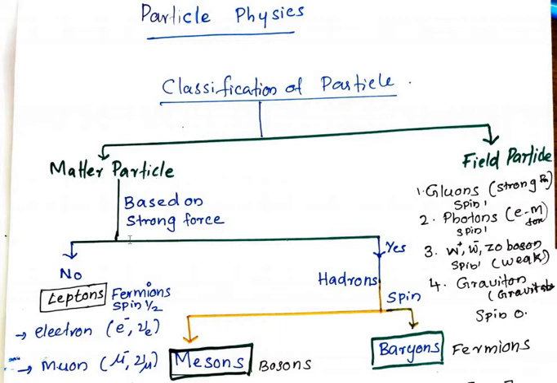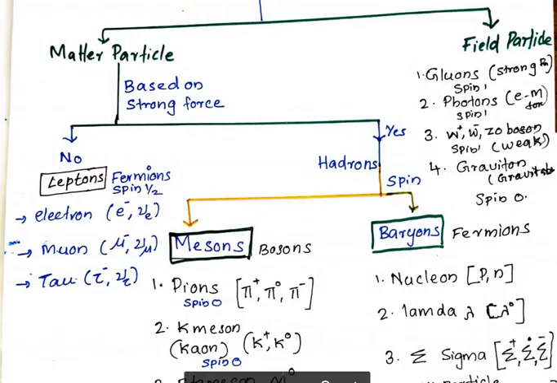Based upon whether the particle is acted upon by the strong force or not, we can classify the particles into two types. The particles which are acted upon by the strong force are known as hadrons, and the particles which are not acted upon by the strong force are known as leptons. So what are leptons?